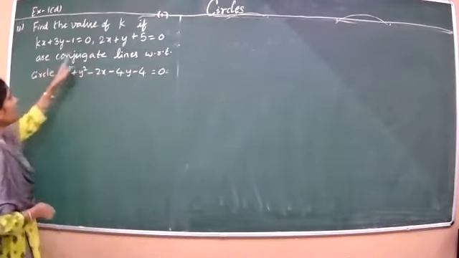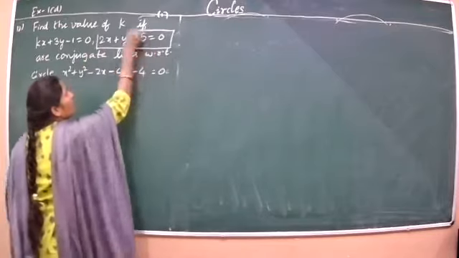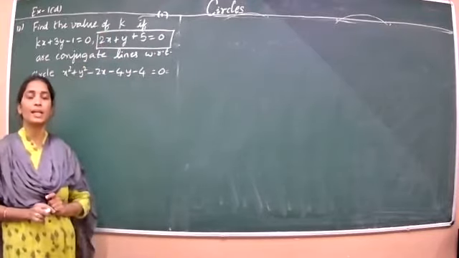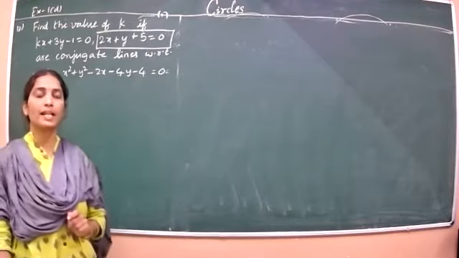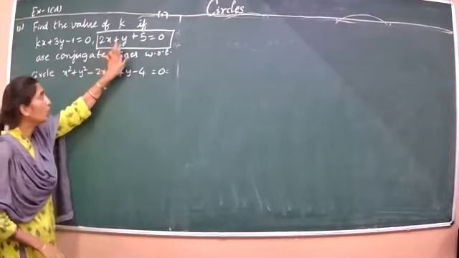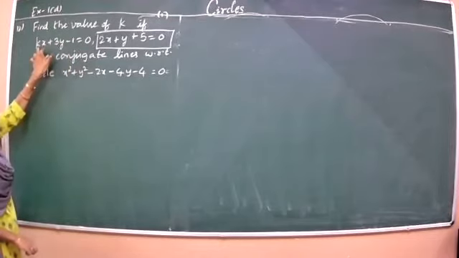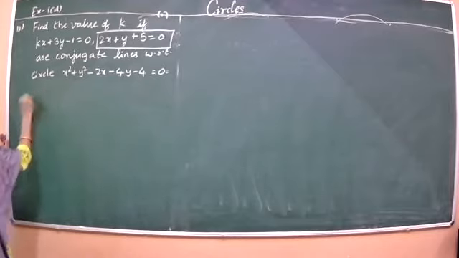One is to take the line which is free from k, in this case this line, and find the pole of this line using the formula: minus g plus lr square by lg plus mf minus n, minus f plus mr square by lg plus mf minus n. Find the pole for this line and substitute that pole in the equation of the first line. Then you can get the k value. This is method 1, the general method, a pole method. And what I am now explaining is how to use the formula.